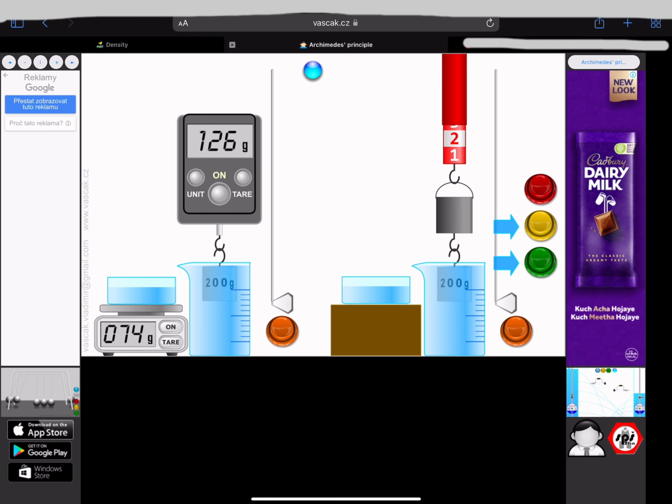If you are considering this mass in grams, it is 74, but if you consider kg, then it will be 0.074, and this is multiplied by 9.8, and this will give you the weight or the force in Newton, and that force is nothing but the upthrust. So I hope that this animation will help you understand what we have already studied in the theoretical part.